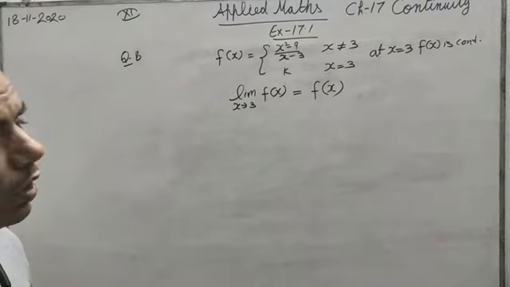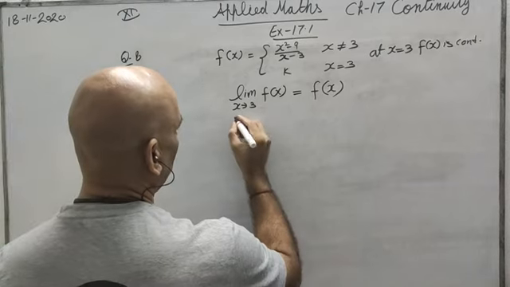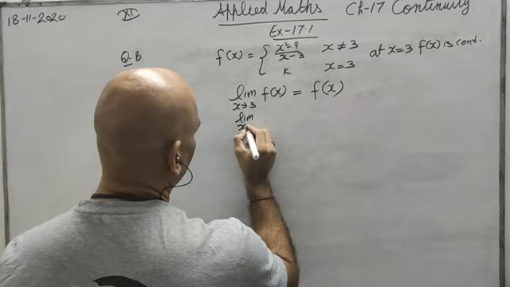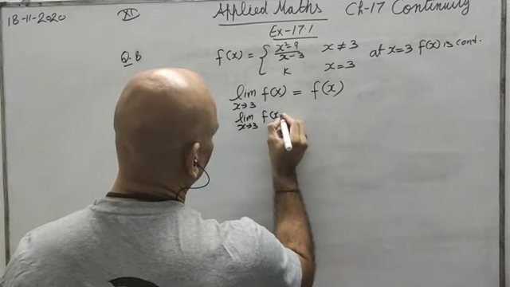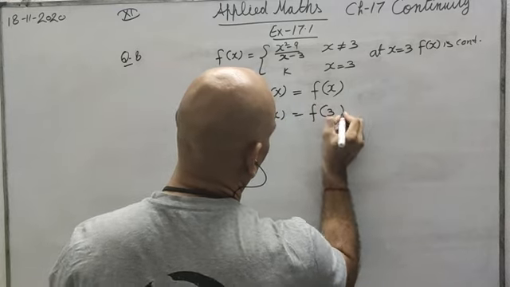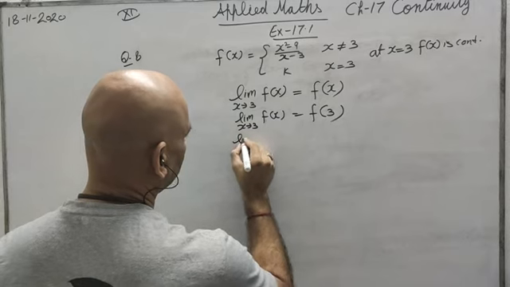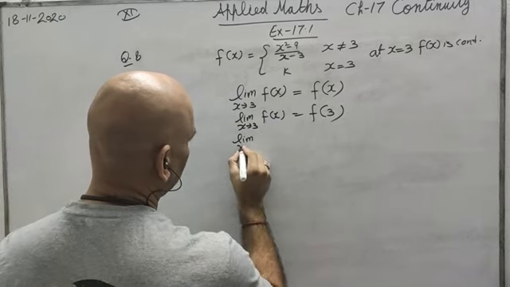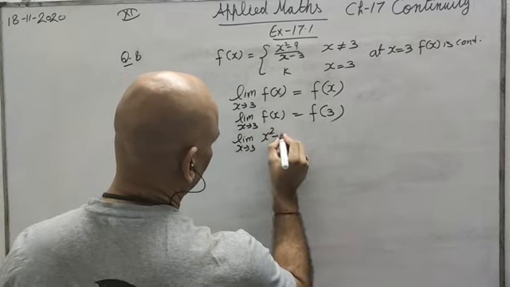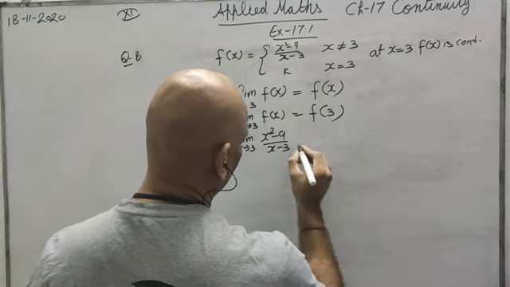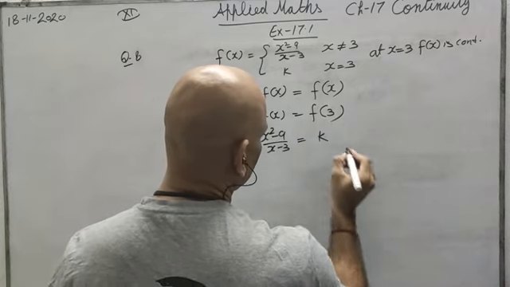This is the condition for continuity. So the limit as x tends to 3 of (x square minus 9 upon x minus 3) is equal to f(3), which is k.